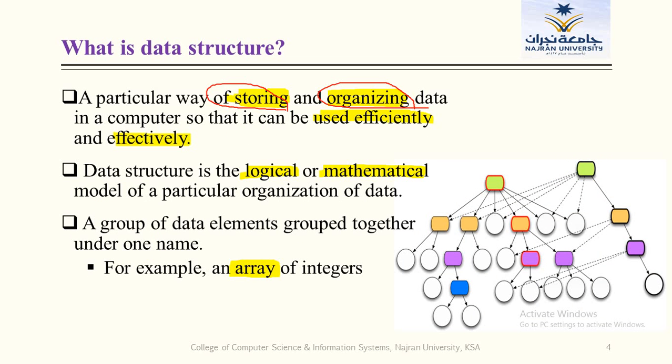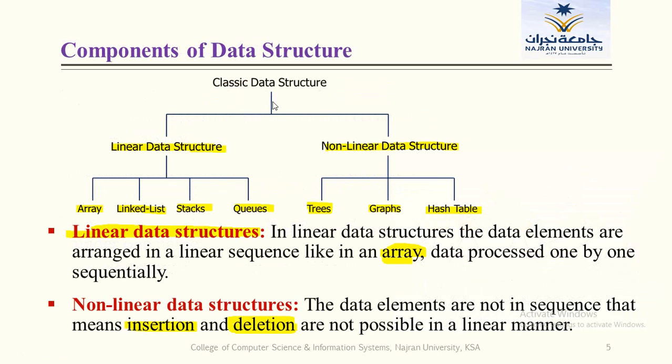Then we have seen what a data structure is. The important thing is, a data structure is a way of storing and organizing data. Then we have different types of data structures, mainly divided into linear and non-linear data structures.